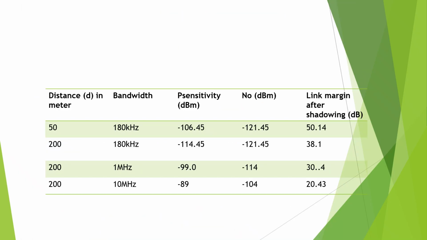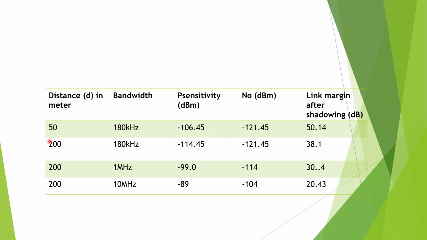Next, the analysis we have to do is with the distance d 50 meter, 200 meter, with the bandwidth 180 kilohertz: what will be the receiver sensitivity, received power and the link margin value. Noise power, irrespective of the distance, remains constant.